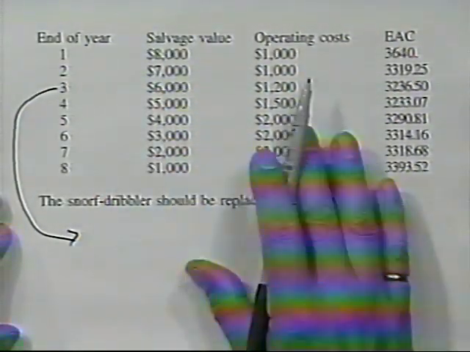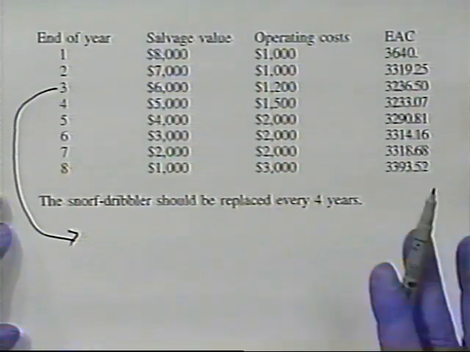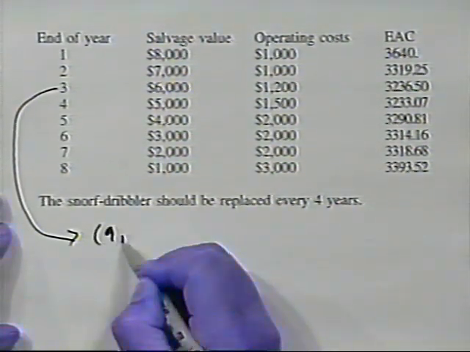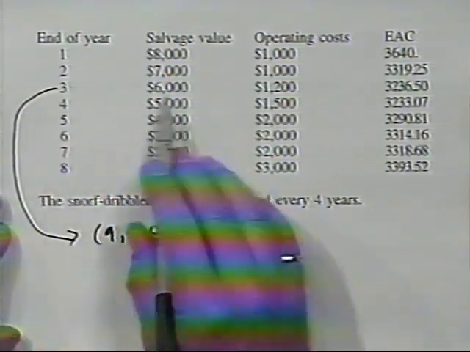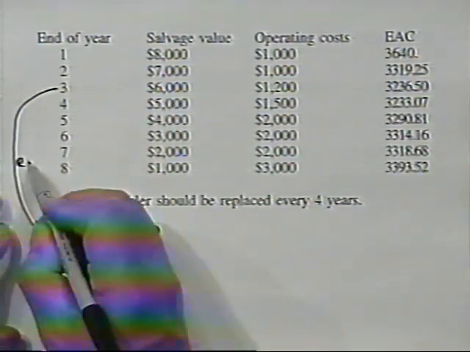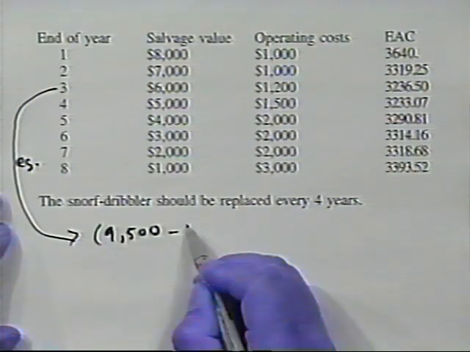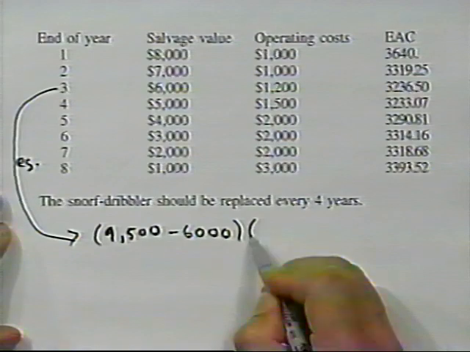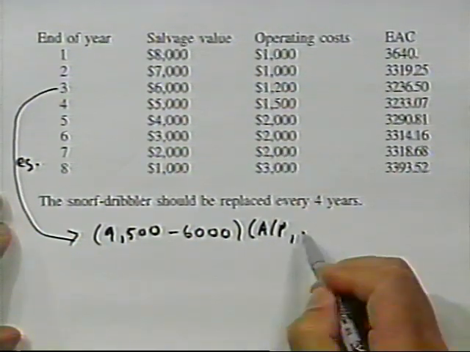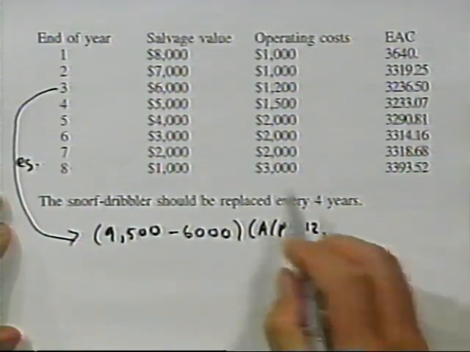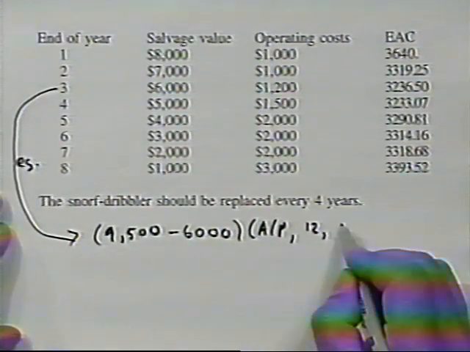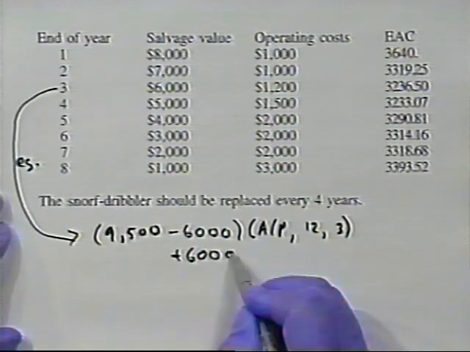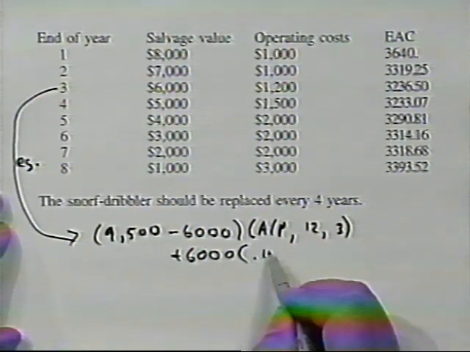What we have is the components of operating costs and capital recovery. The capital recovery will be the first cost, $9,500, minus the salvage value at year 3, which is $6,000, times the capital recovery factor of 12% for 3 years, because this is under the scenario we keep it for 3 years, plus the salvage value times the interest rate.